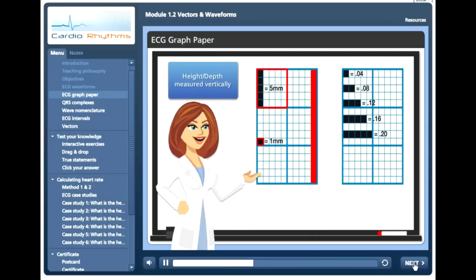Each small box is worth 1, and each large box is worth 5. For example, we might want to measure the height of a QRS complex, or the depth of the ST segment. Duration is measured horizontally. For example, we may want to measure the length of an interval or pause.